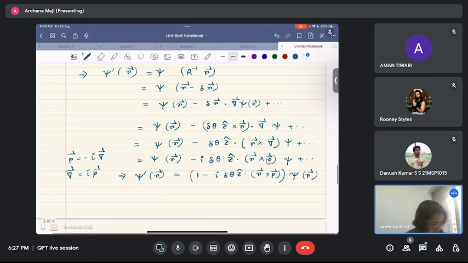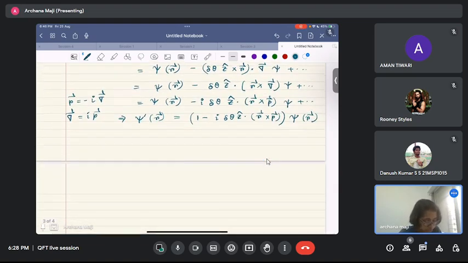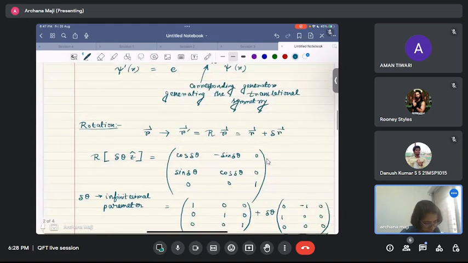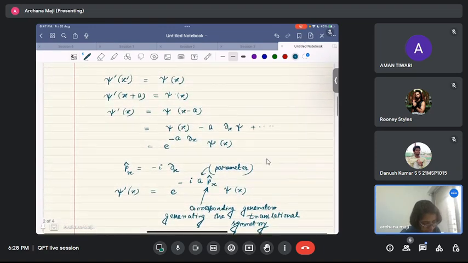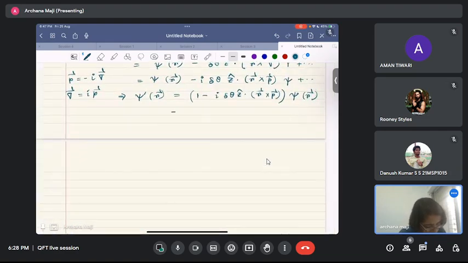So this was infinitesimal, but we could have done the finite transformation, and then we could have written this down as exponential of minus i theta r cross p acting on psi, that function.